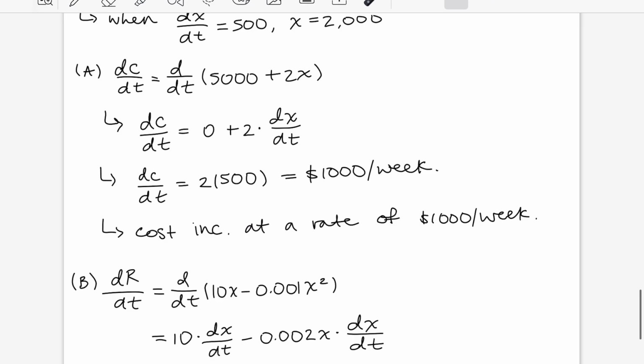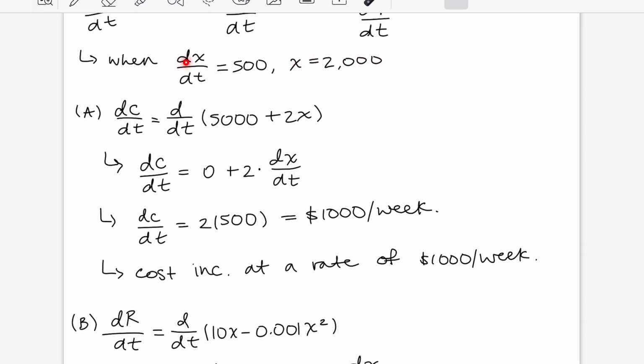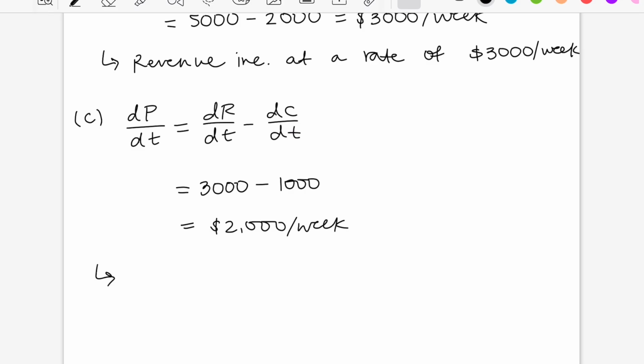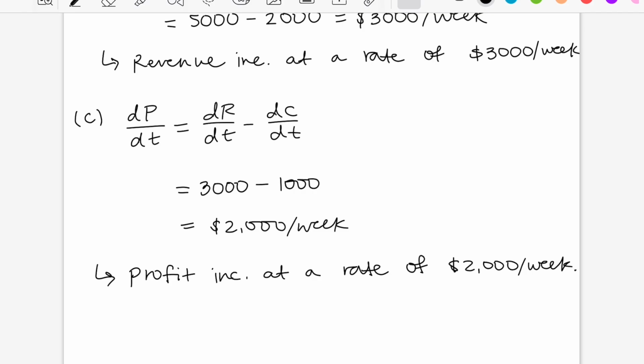And we found that the cost at 2,000 flash drives with a rate of change of 500 flash drives per week was $1,000 per week. So this tells us that our profit is going to be $2,000 per week. So our profit is increasing at a rate of $2,000 per week.